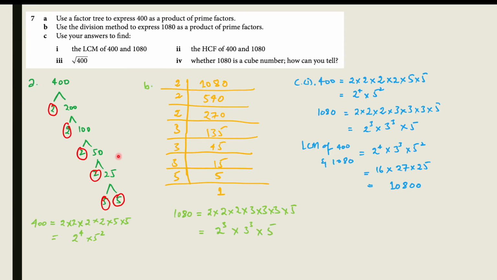So using these product of prime factors for these two numbers, we have to find the LCM of these two numbers. So again, we express the product of prime factors for 400 and then for 1080. And then for LCM, what do we do?